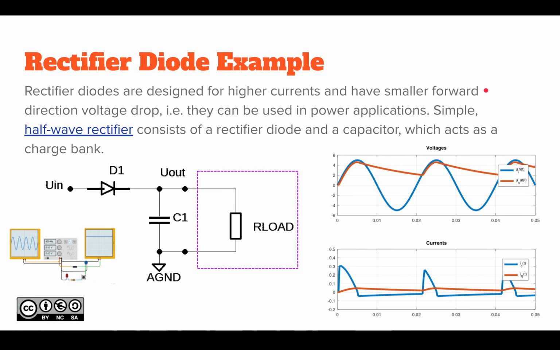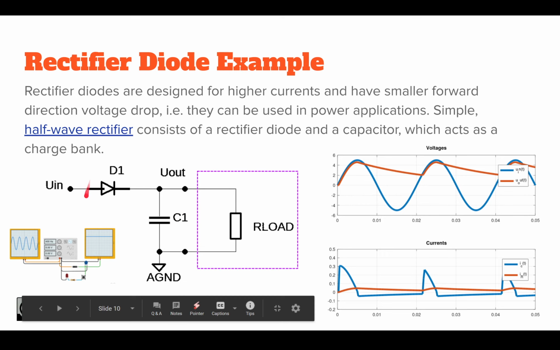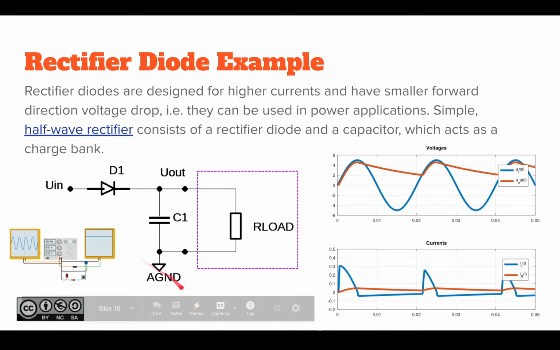Okay, well, this is a good place to start. Rectifier diode example. This is the simplest form of rectifier, the half-wave rectifier, and this is how it works. You have diode D1, and here you have the load, any load. For example, this could be your mobile phone battery here.